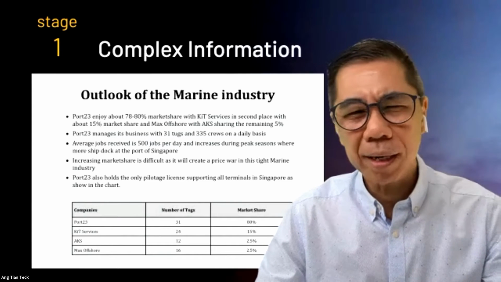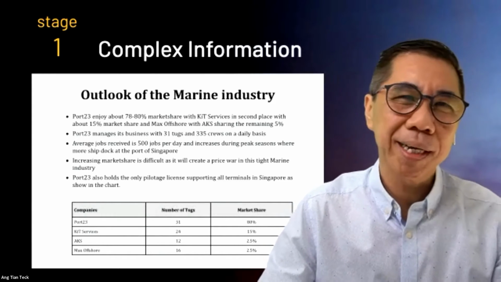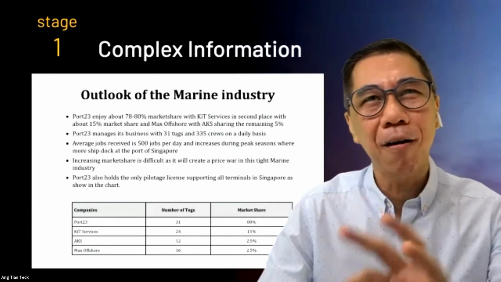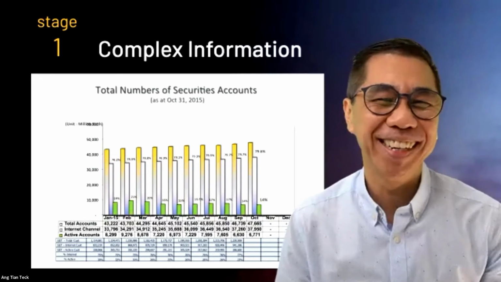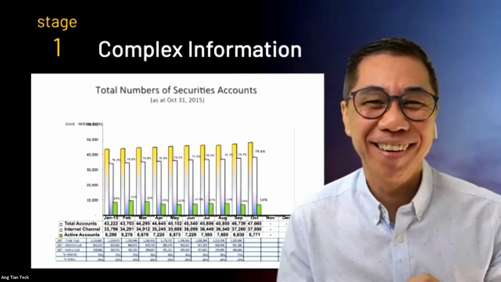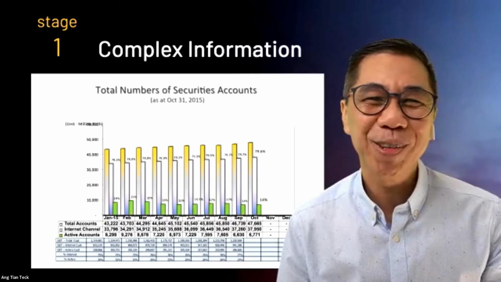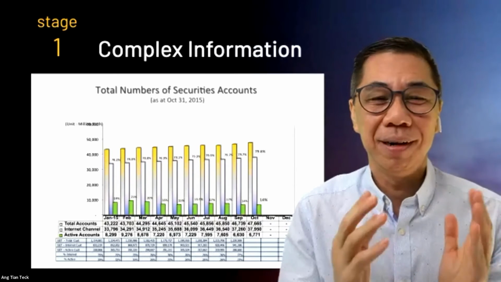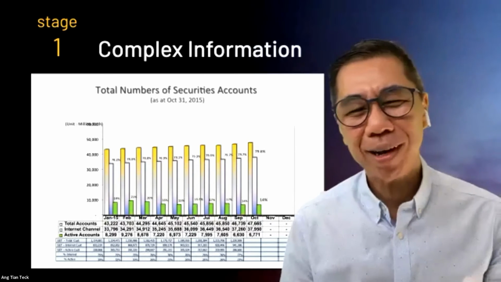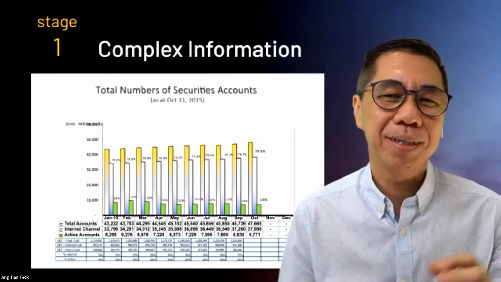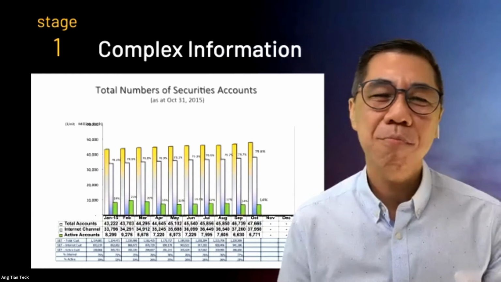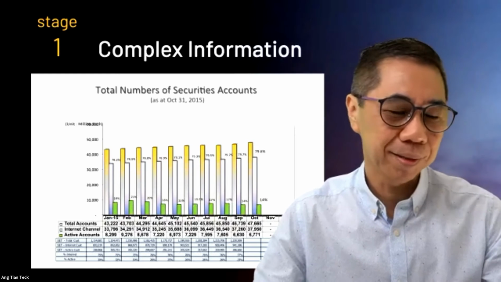And sometimes you say, okay, I don't like numbers and I don't like text. How about if I make all the numbers into a chart, right? And your chart looks something like that. This is still stage 1. Although it is a chart, although you say, okay, this is visual, you have a table added onto the chart with a lot of numbers, like a spreadsheet, and it makes things very complicated again.